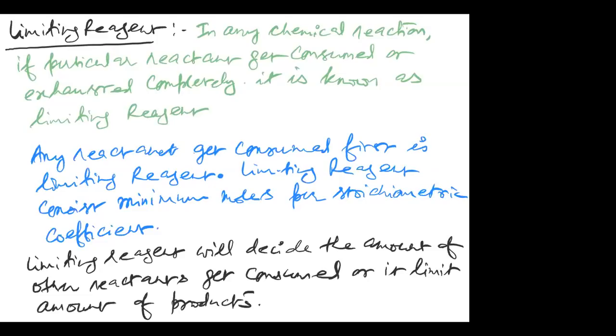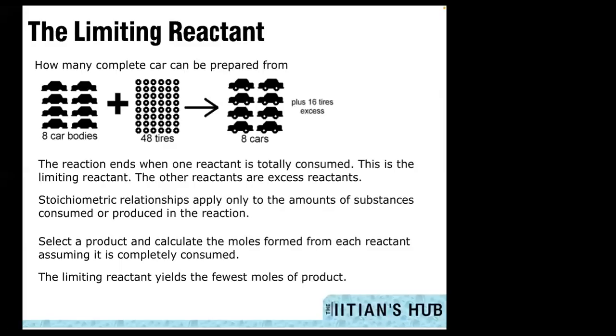As per examples, I am just sharing a few pics related to this. One of the examples is limiting reagent. One simple thing: how many complete cars can be prepared if we have 8 car bodies and 48 tires, 48 wheels.